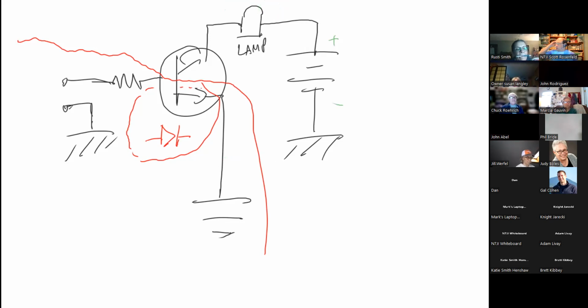When the diode goes off, what happens to that path from the lamp down through the whole transistor? It becomes an open circuit. The path is closed, it's no longer available, and the lamp turns off. So what do we have here? We have an electronic light switch.